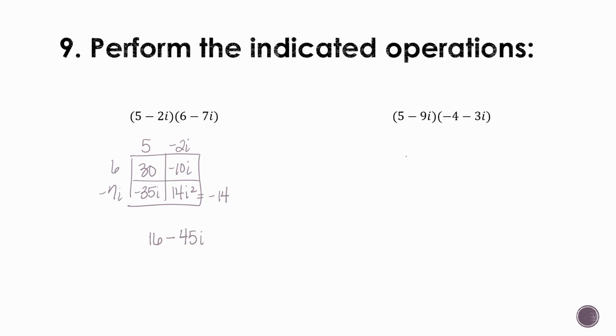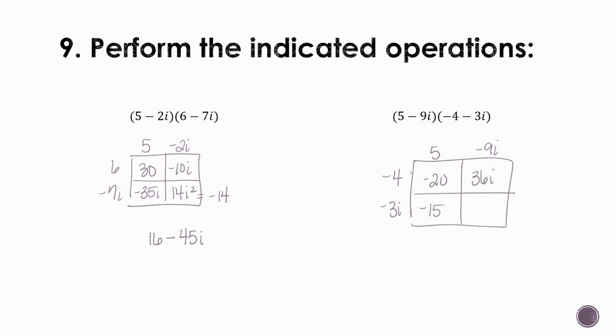Now this one over here, again, use the box so you don't mess up your signs or mess up your i's and forget, especially that squared one. But we're going to multiply this out. And then we're going to combine like terms. So we get negative 47 plus 21i. Okay?